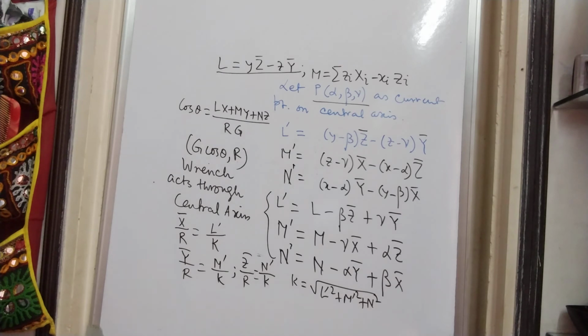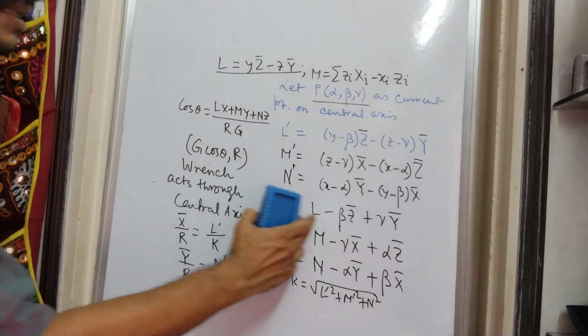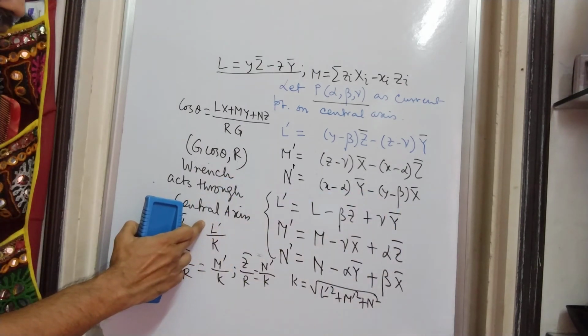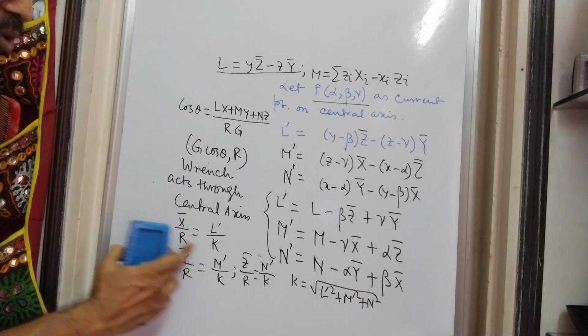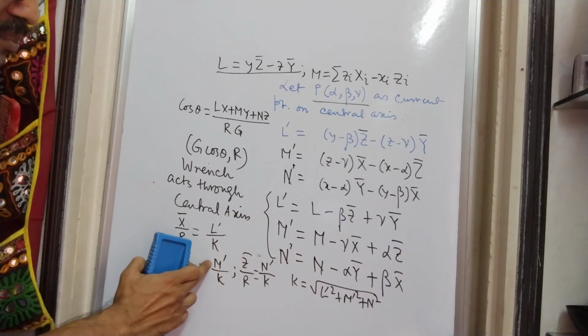How? We will just write this in place of L prime and keep X bar here, then it will be k by R, and we will write this in place of M prime here.